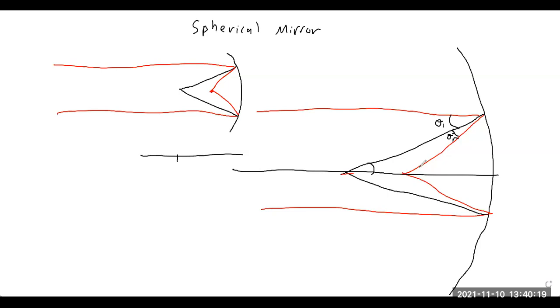So if these angles are all small, then the amount of horizontal distance that needs to be covered to get the same vertical distance will not be the same.